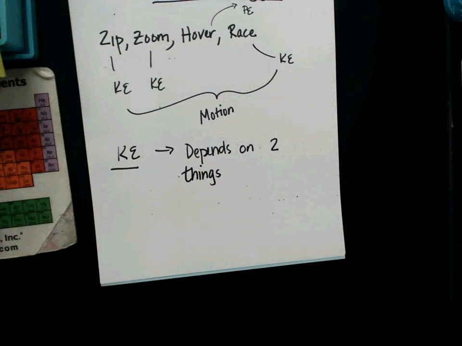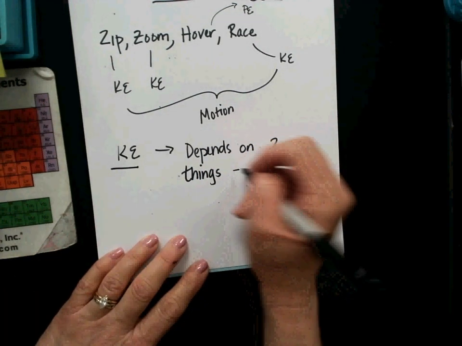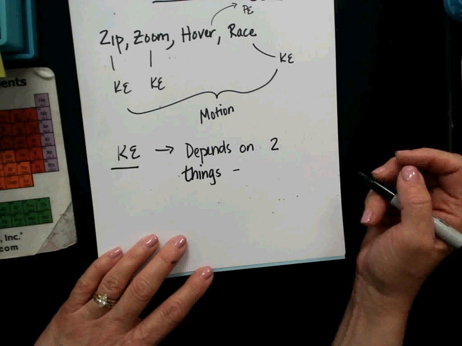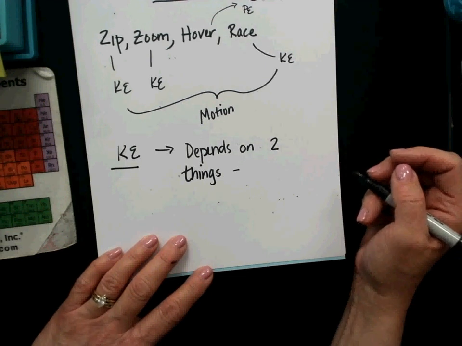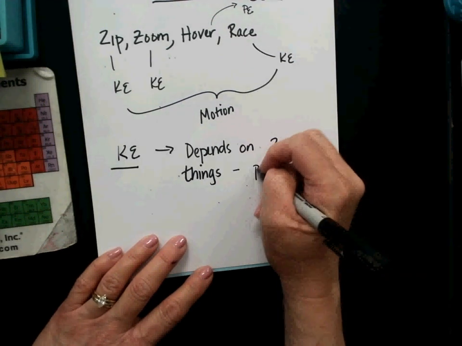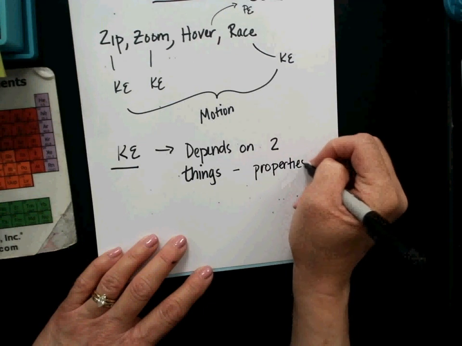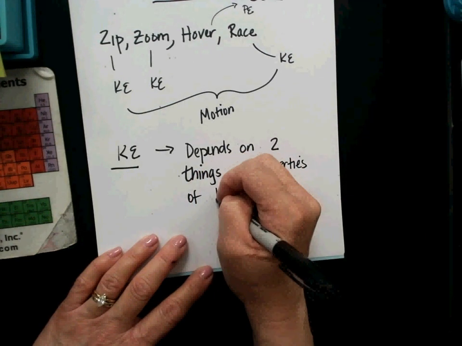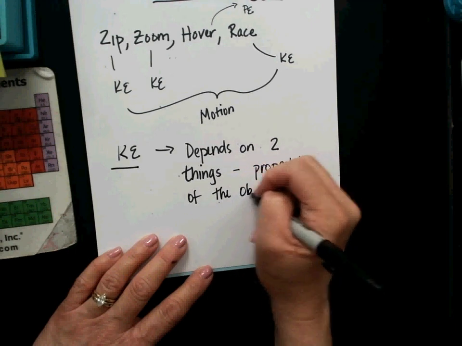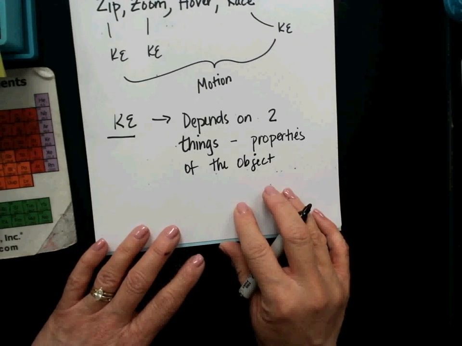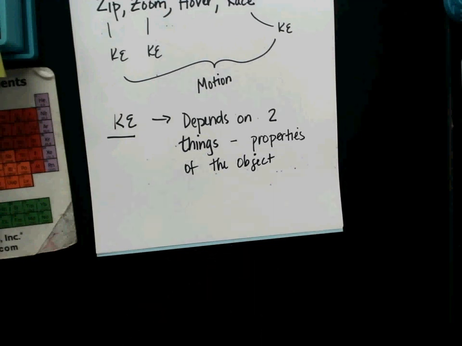And they are both properties of the object. So it doesn't depend on anything else. It just depends on the object you're identifying, the object you're looking at.